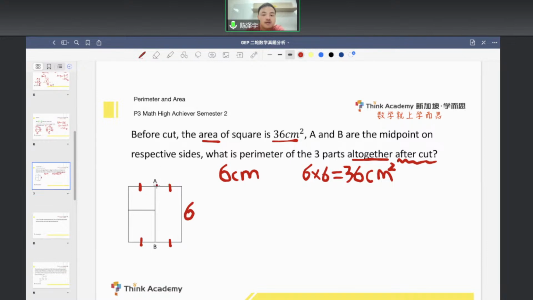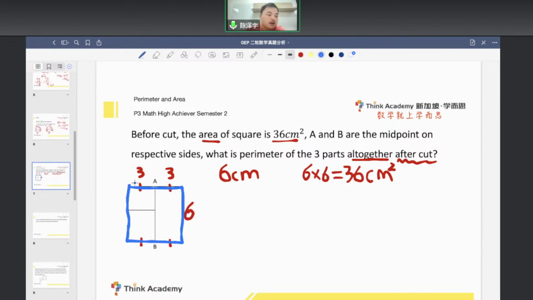So I know that the side of the square is 6 cm. However, the question also tells us A and B are midpoints, which means they cut this side into two parts: here is 3, here is 3. Now I know the length of everything already. What is the perimeter of these three parts? As you can see, first this whole thing is just a square.